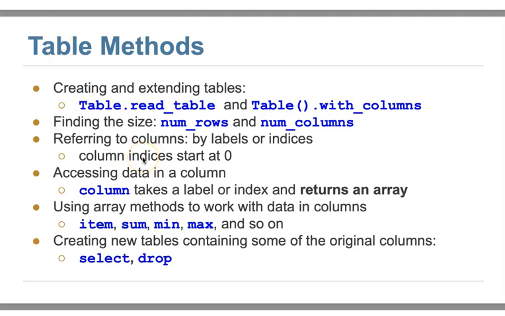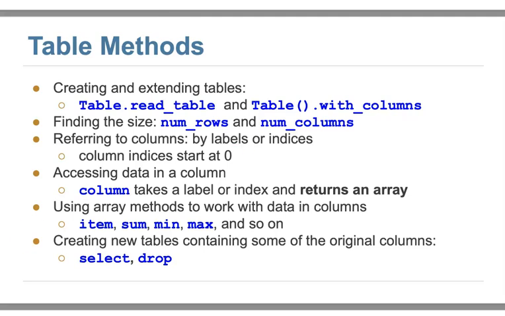Like we say, each column is an array. If you want to get one specific column, you can specify it by the label, the name of the column, or the index. The index always starts from 0. Then it will return the specific column, which means that's an array.